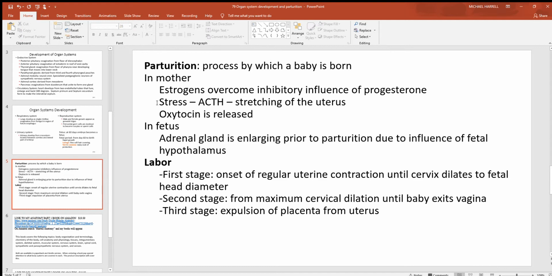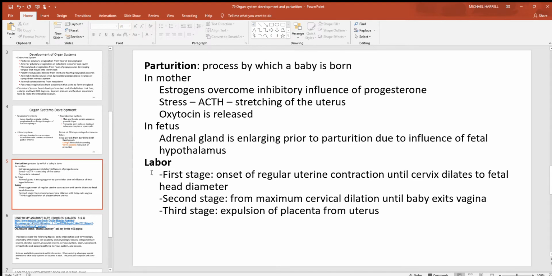It's run out of growing room, because the baby will release ACTH. It's thought the stretching of the uterus added to all this causes the posterior pituitary to release oxytocin. Again, oxytocin is the primary chemical signal when it comes to parturition. Opens up ligand-gated calcium channels on that smooth muscle of the uterus, causes depolarization and muscle contraction.